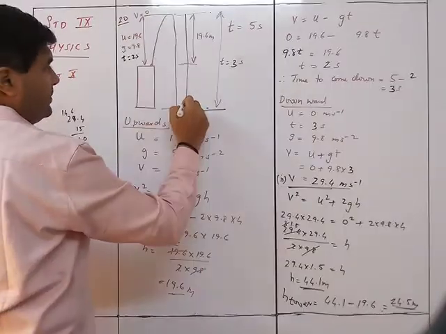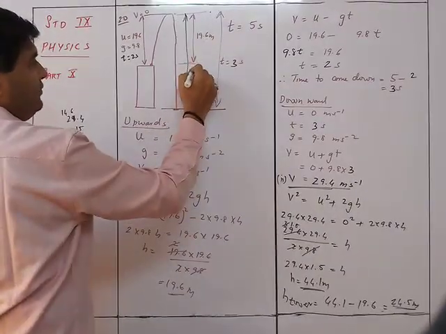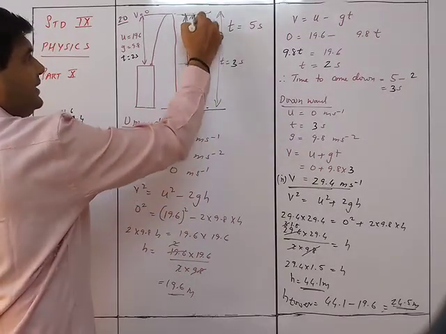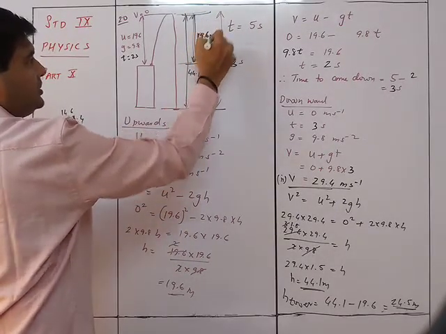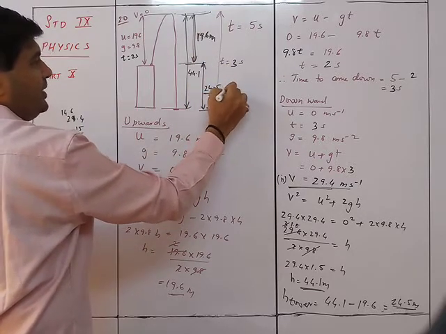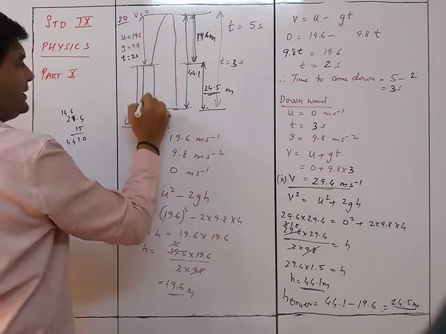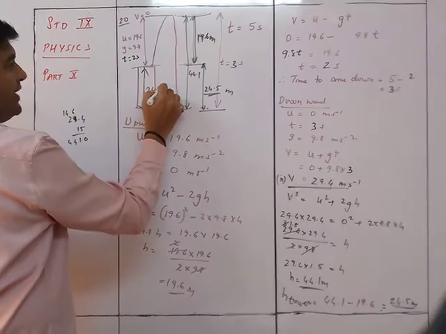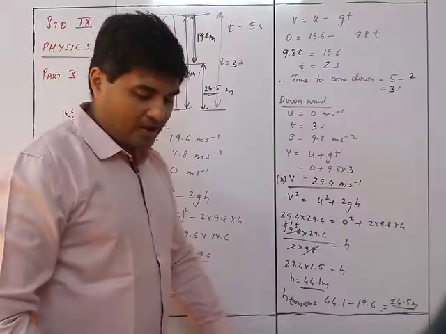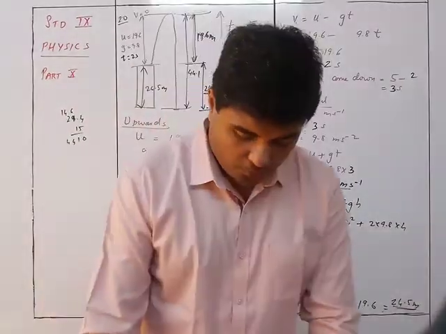This distance from here to here is 44.1. Out of that, what is the distance up to here? 19.6 meters. So automatically this distance over here will be 24.5 meters. That is nothing but the height of the tower as 24.5 meters. Understood? So that is the value of the height of the tower as 24.5 meters.